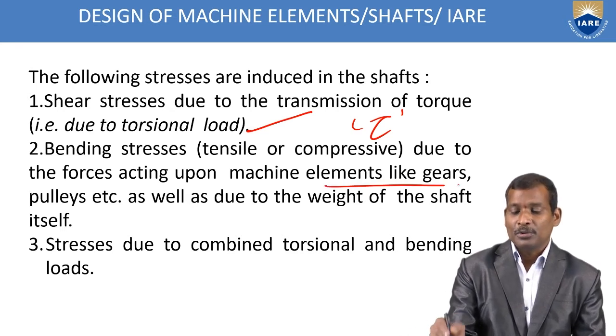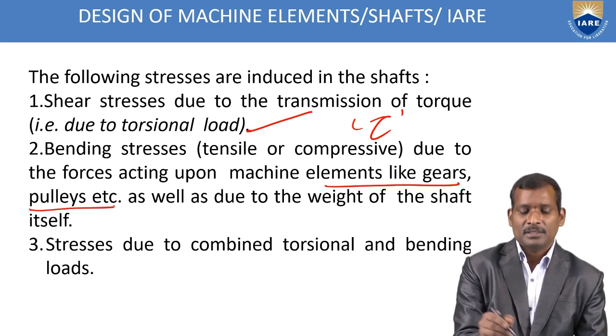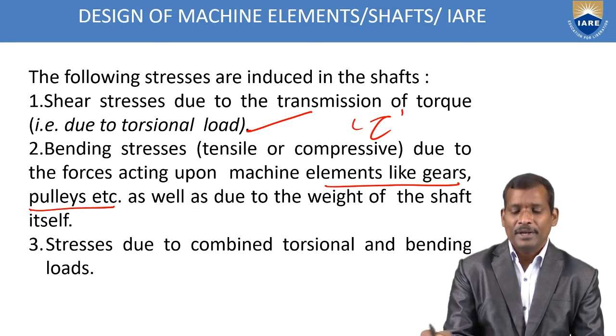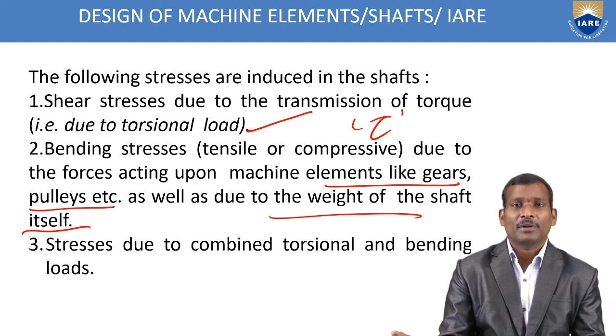Already I told you, the machine elements are like gears, pulleys, etc. These are standard machine elements. As well as due to the weight of the shaft and the weight of the machine elements, the bending stresses will be induced.